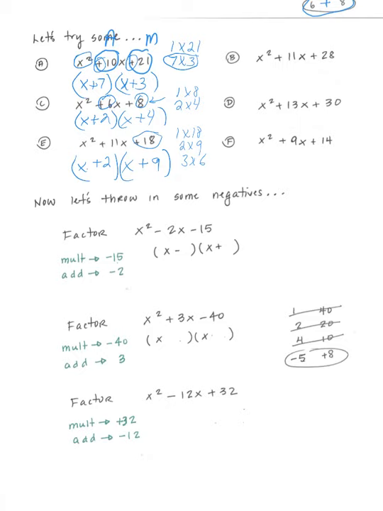Okay. And quickly, we'll come and do these. And the nice part is these all have plus signs all over the place. So when you're factoring something with plus signs, we know inside the parentheses are going to be plus signs. We also have that easy step that says, hey, in order to get x squared, I got to have x's. So we're thinking of numbers that multiply to be 28, add to be 11, 7 and 4.